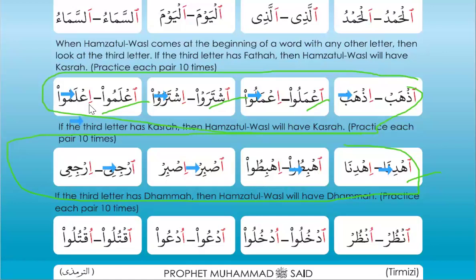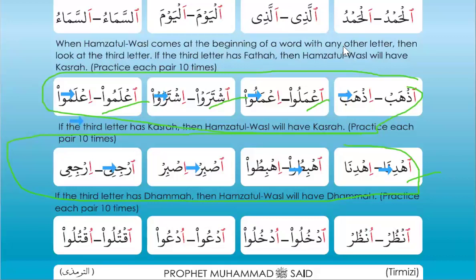The Hamzatul Wasl is the first letter, ayn the second, lam the third letter. So whatever the third letter has, it will be the reason for the Hamzatul Wasl having either a kasra or a dhamma. Okay? And this is specifically for words, right?